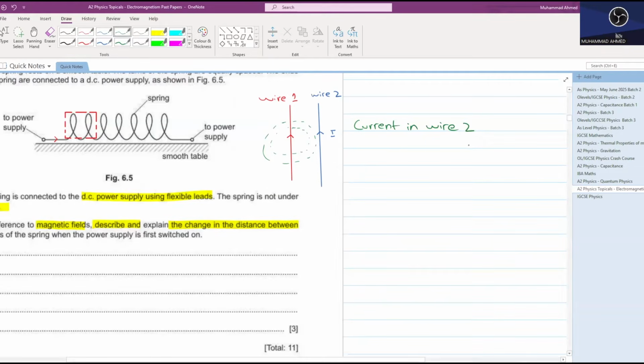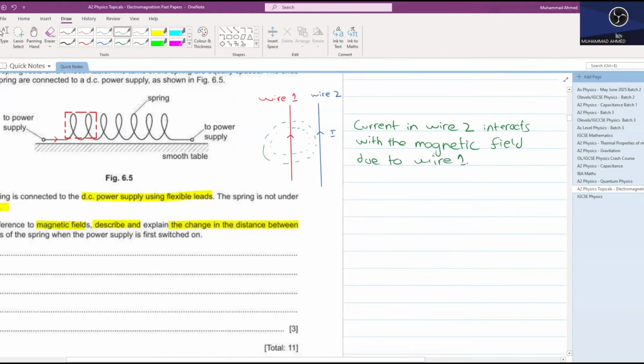Let's write it down so that it becomes more clear in your head. Current in wire 2 interacts with the magnetic field due to wire 1.